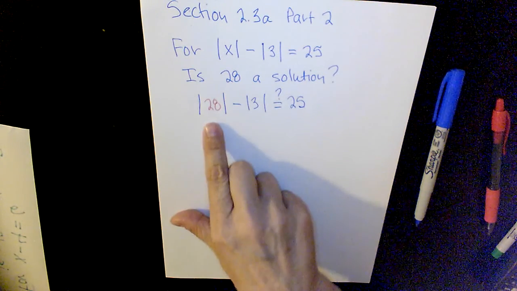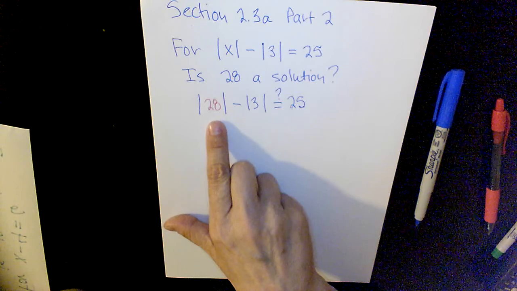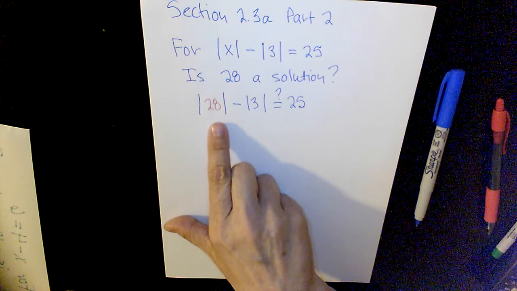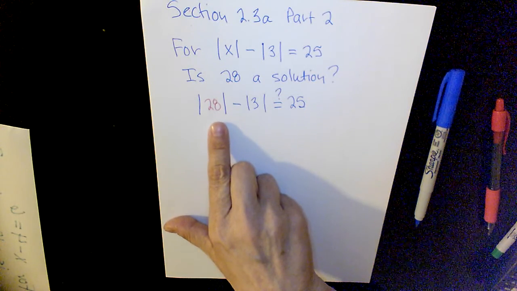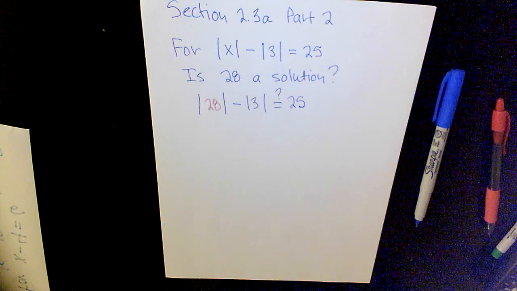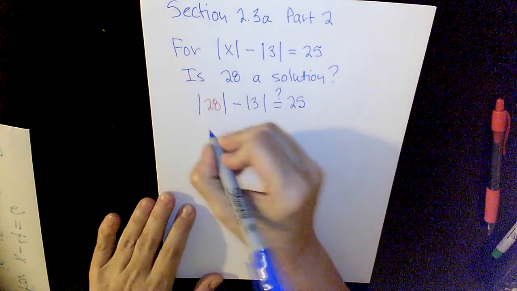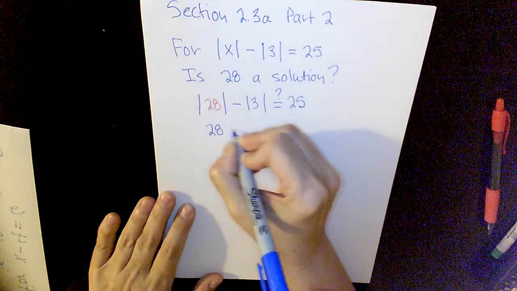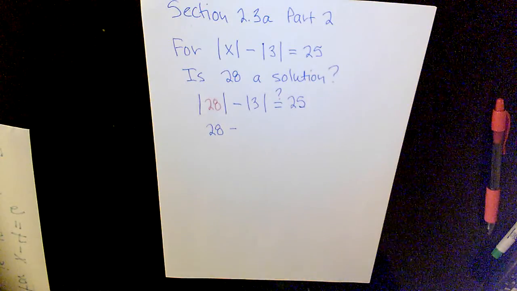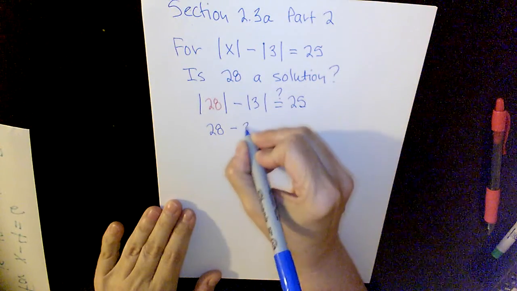So do we recall absolute value? What's the absolute value of 28? Remember, it's the distance from 0. So how am I getting from 0 to 28? Well, it's just 28. And what's the absolute value of 3? Well, that's just 3.